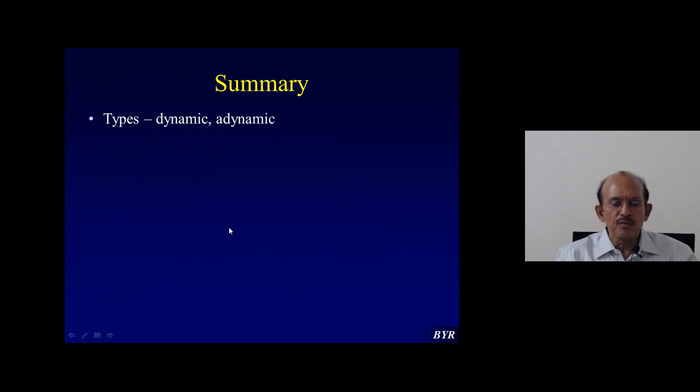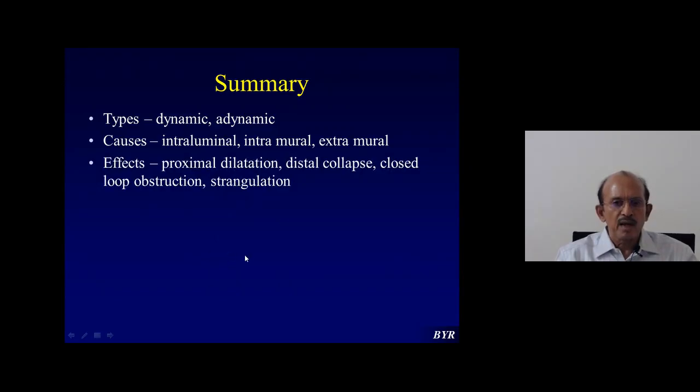So, summary of the intestinal obstruction. There are two types, dynamic and adynamic. Causes are intraluminal, intramural, and extramural. Effects are proximal dilatation and distal collapse, and you will find special changes in closed loop obstruction and strangulation.